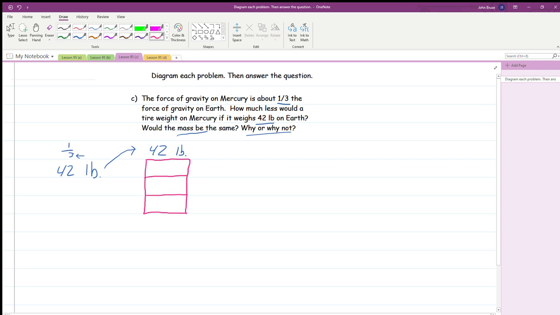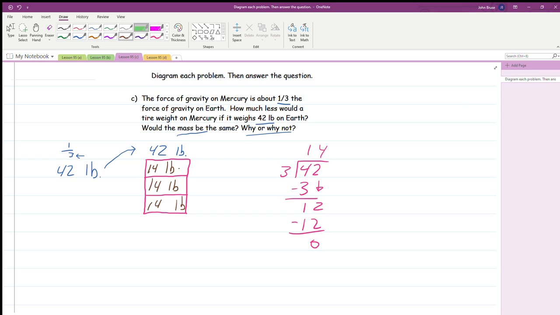Then I'm going to do my quick division problem, 42 divided by 3. So 1 times 3 is 3. We subtract. We're left with 1. Bring down our 2. And then 4 times 3 is 12. 12 minus 12 is 0. So each one of these boxes is going to be 14 pounds. 14 pounds and 14 pounds.